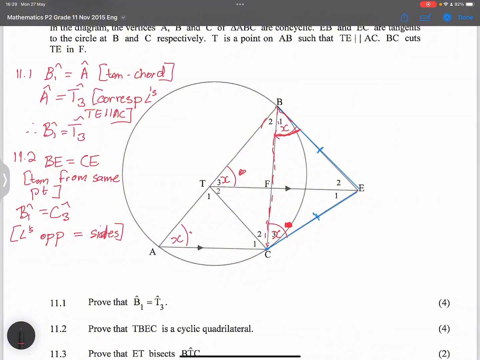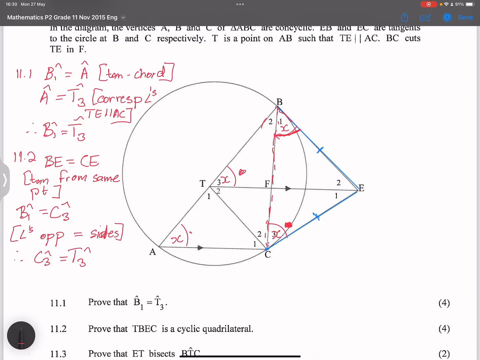So now, because we've already found that B1 is equal to T3, and B1 again is equal to C3, therefore C3 would be equal to T3.